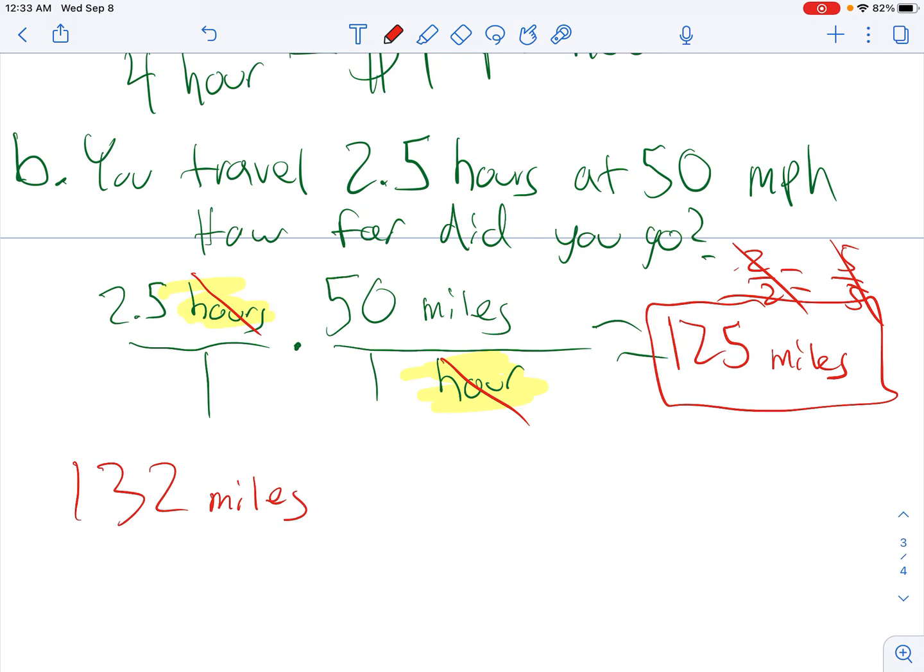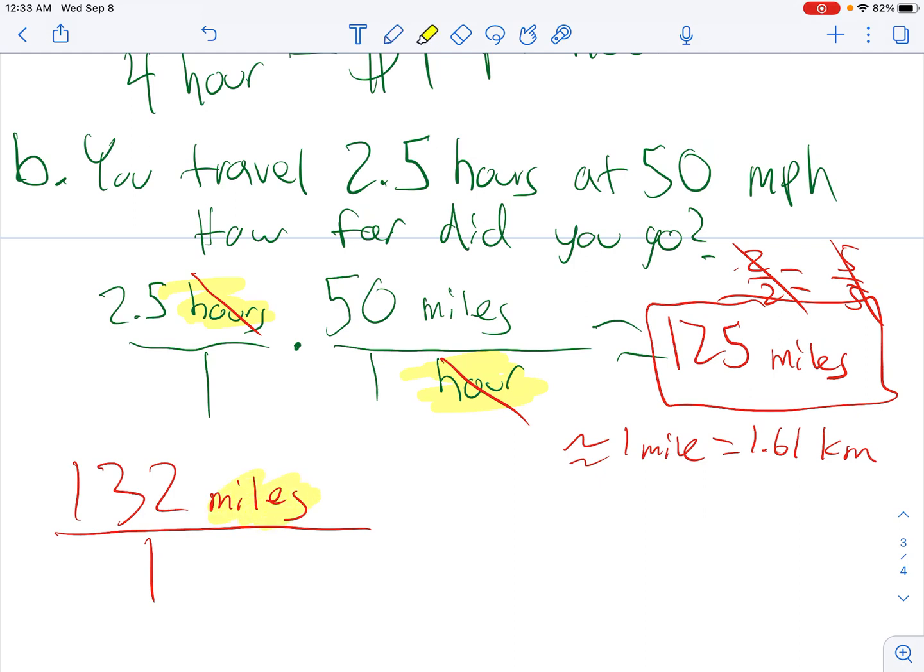And that's about 132 miles. So again, we always start with our equation over 1 because 132 divided by 1 is still 132. That's what we're starting with. Now, approximately 1 mile equals 1.61 kilometers.